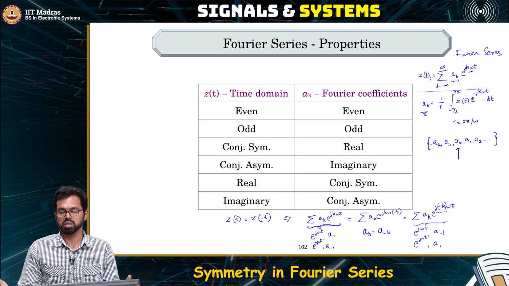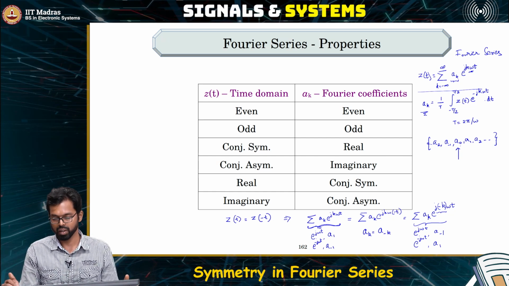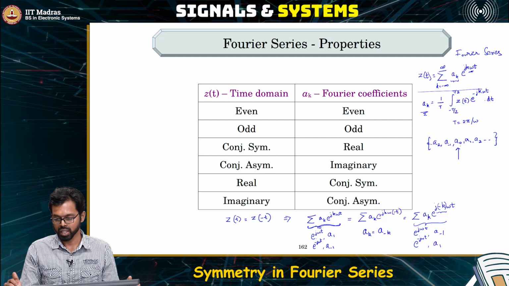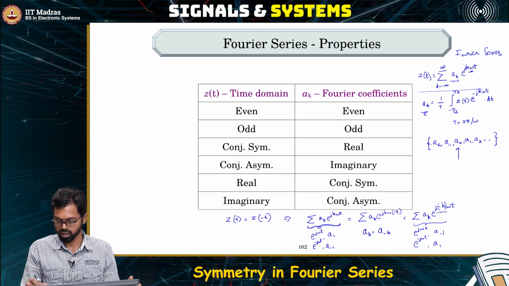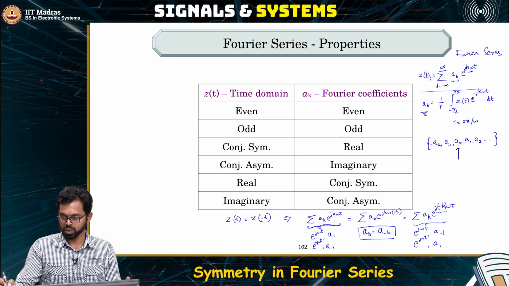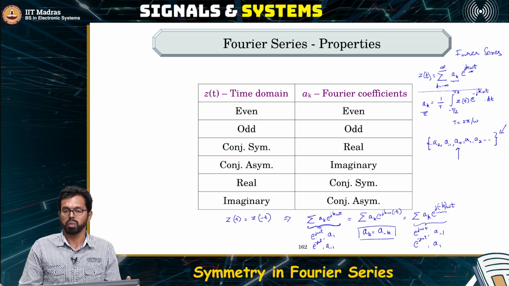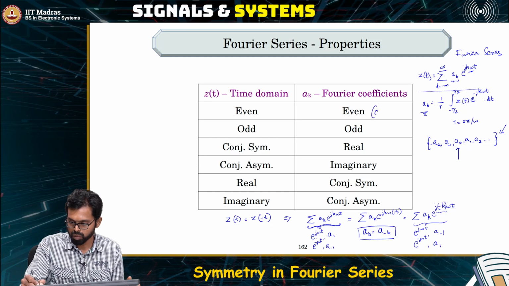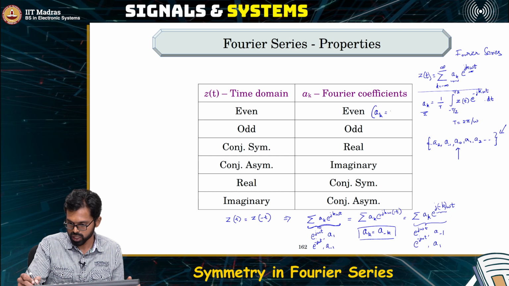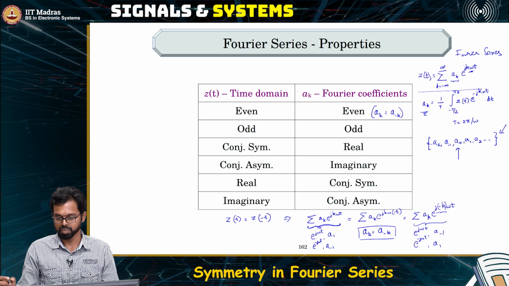So this sequence is symmetric about 0, which means that if you take the negative values of k here, then a_k will have the same value as the positive values of k. That's what this statement says. In other words, the sequence that we have generated here, the Fourier series coefficients, form an even sequence. That is, you can change the sign of k and still you will get the same coefficient.